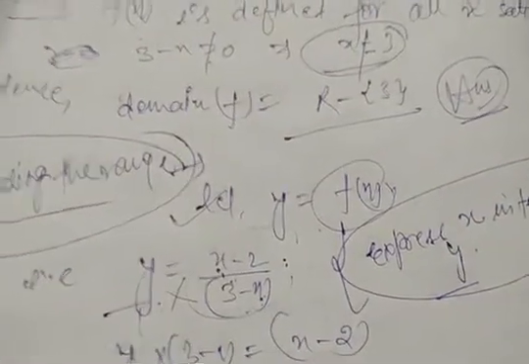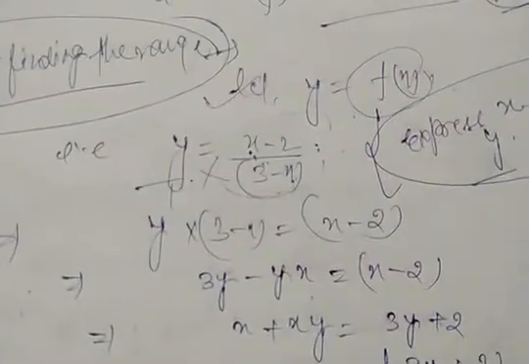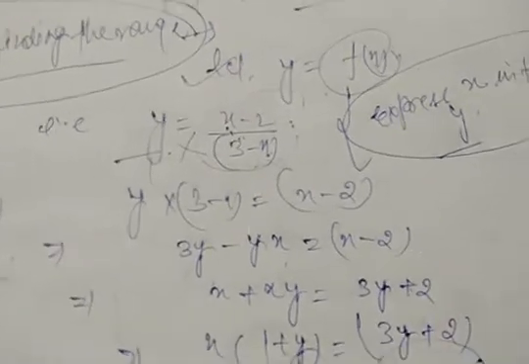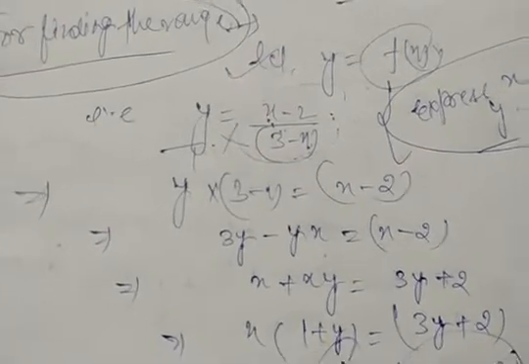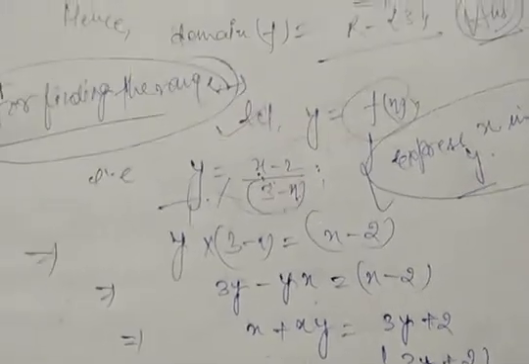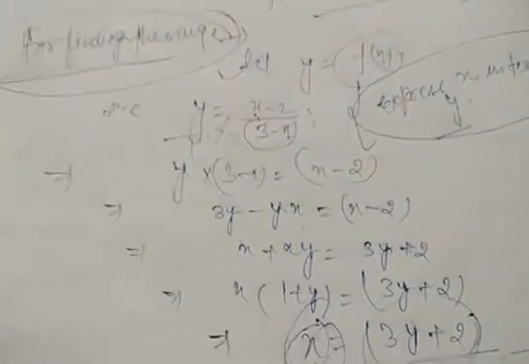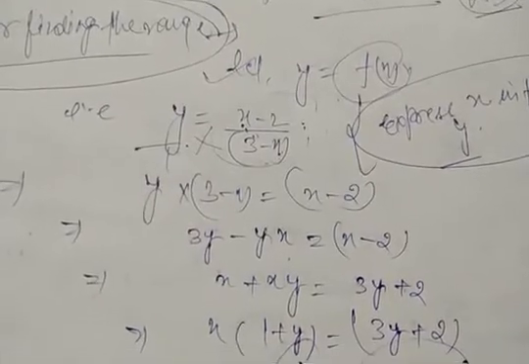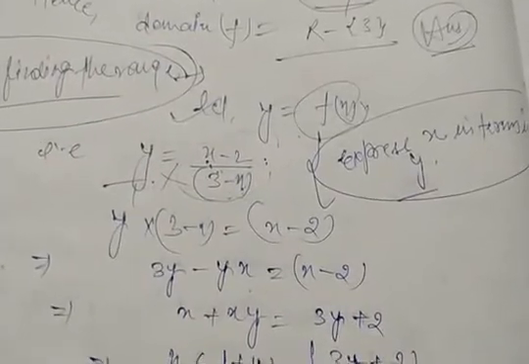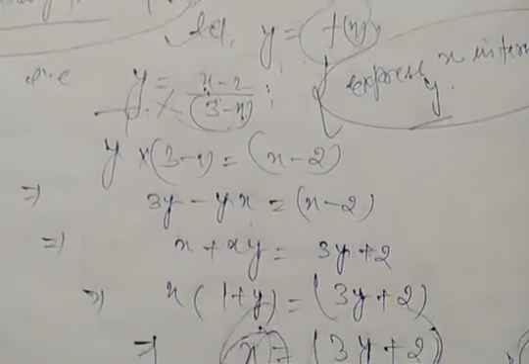Okay, and for finding the range of the given function, first of all we take y is equal to f of x, and let y is equal to (x minus 2) upon (3 minus x). We do cross multiplication, we get y into (3 minus x) is equal to x minus 2, and we express x in terms of y.